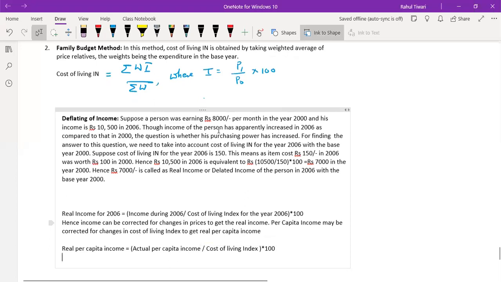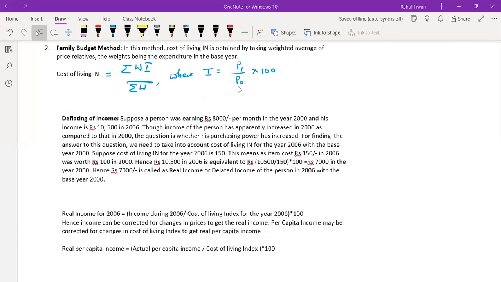Let me see the chat box if anyone has any question. I think we shall continue for maybe 10 to 15 minutes, then we can take a break, and then we will end the session.